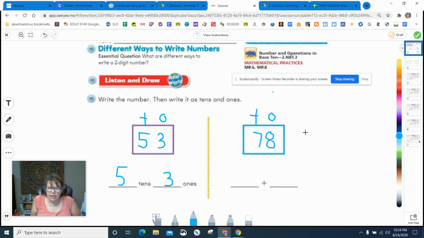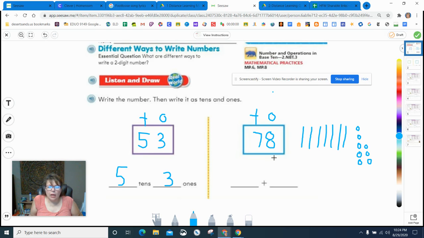So I have 7 tens. I'm going to draw 1, 2, 3, 4, 5, 6, 7 tens and 8 ones: 1, 2, 3, 4, 5, 6, 7, 8.